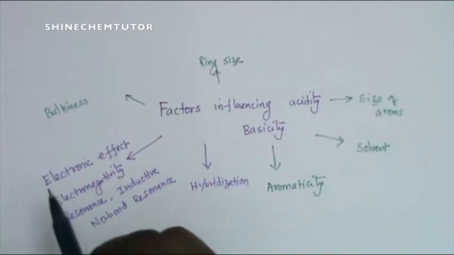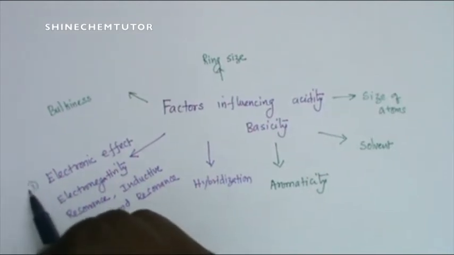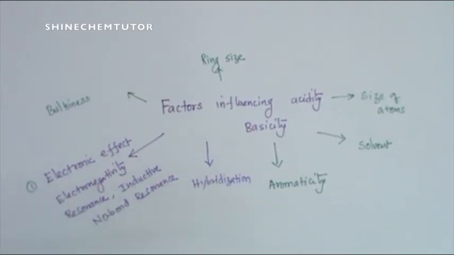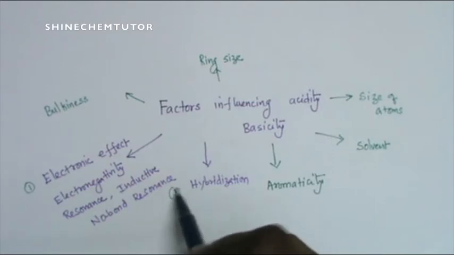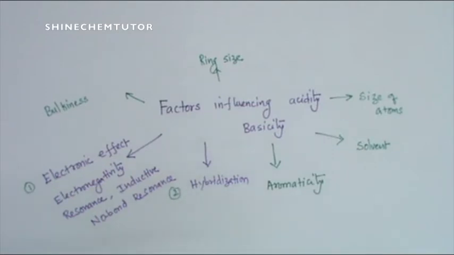The first and most important one is electronic effect. It may be resonance, inductive effect, or even no bond resonance. I have also included electronegativity under this category. The second one, hybridization of the atoms. It may be sp, sp2, or even sp3. That may affect the acidity as well as basicity.